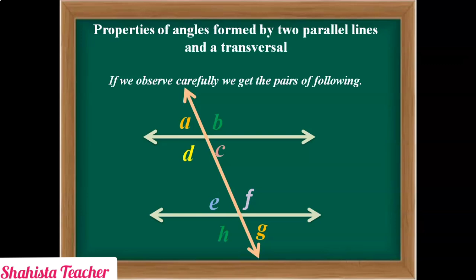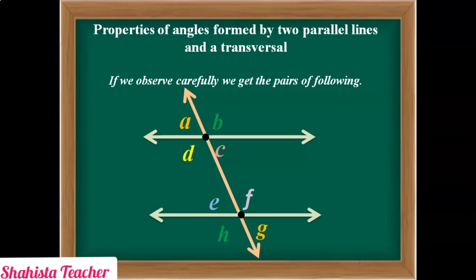See the external part. A and G are in the external part. Similarly, B and H are also in the external part. So A is congruent to G and B is congruent to H. Both are exterior alternate angles.